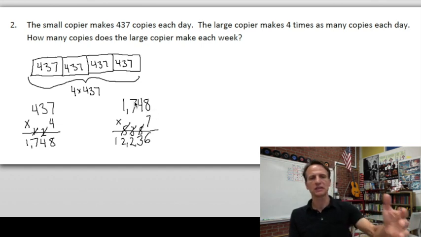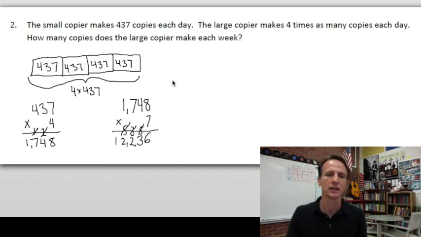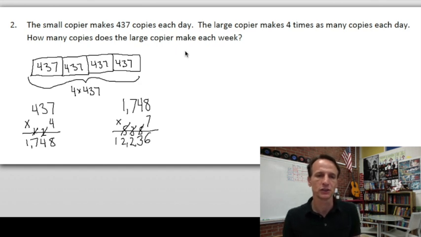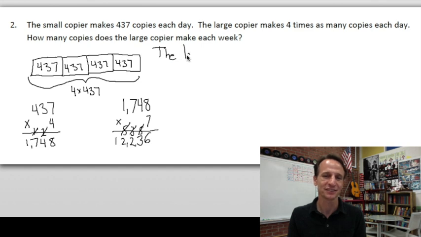Rough estimate, round up to the nearest thousand, 2,000 times 7 would be 14,000. We're at 12,000. We're in the right neighborhood, okay? And it's a beautiful day in the neighborhood. So how many copies does a large copier make each week? The large copier, when it's not broken, told you, don't get teachers started on copiers.